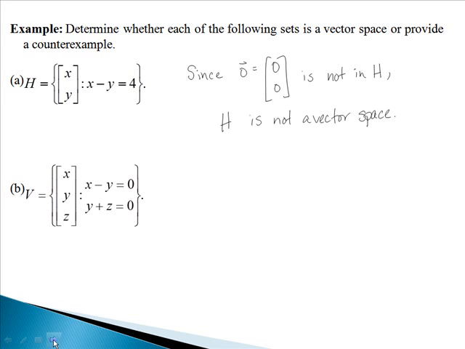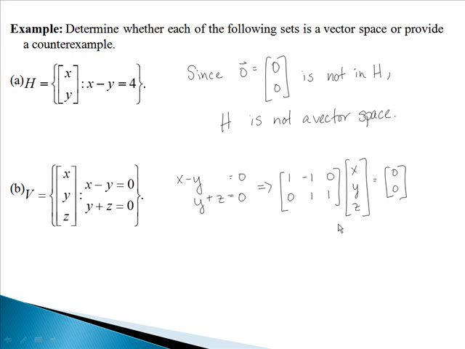For my next example, I have the space V, which is the set of vectors x, y, z that satisfy these two equations. I can rewrite these two equations in this manner here and see that now if I call this my matrix A, then I multiply A by the vectors that are in V and I get the 0 vector.